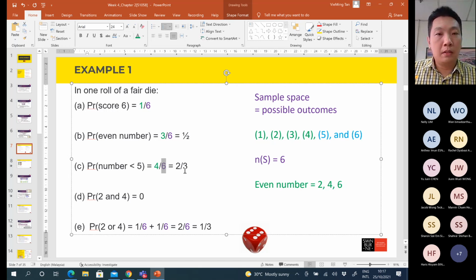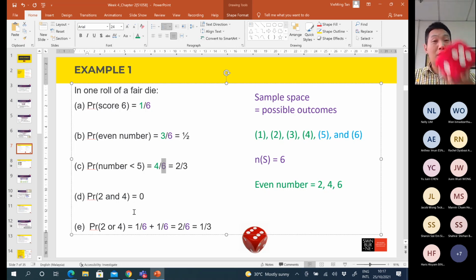Okay, D. This question is the probability to get score 2 and 4. Confirm, score 2 and 4. But don't forget, that is not possible for us to get 2 scores at the same time.